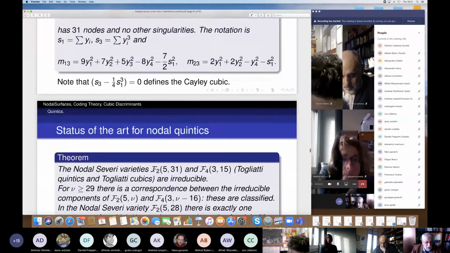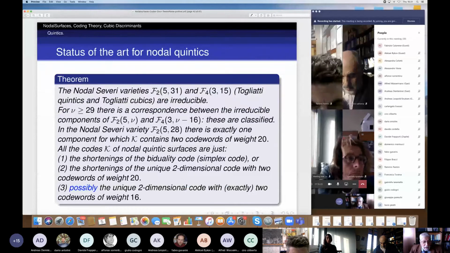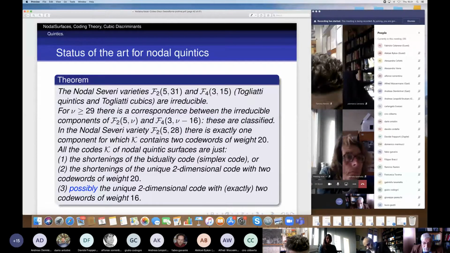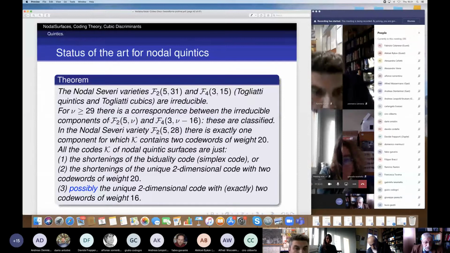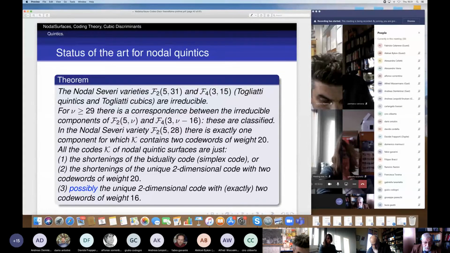This is nice. And for nodal quintics, we can prove that the nodal Severi varieties are irreducible for quintics with 31 nodes and cubic hypersurfaces in P5 with 15 nodes, Togliatti cubics. And then there is some correspondence between these sets if you take quintics with ν nodes and cubic hypersurfaces with ν minus 16 nodes.